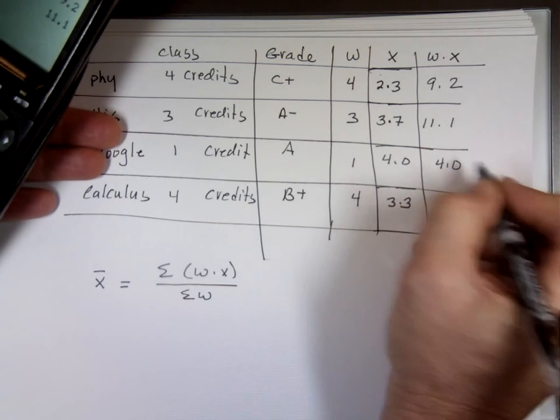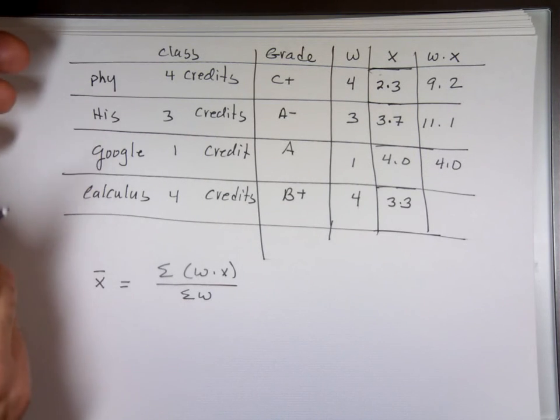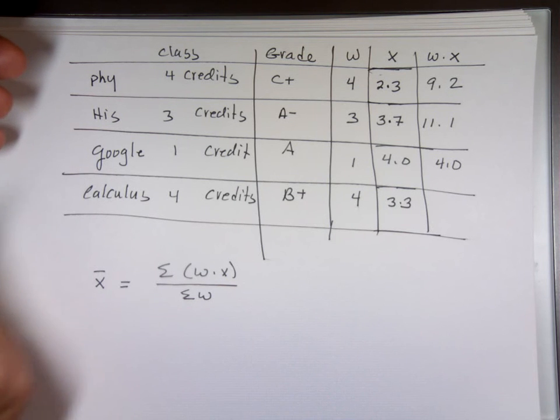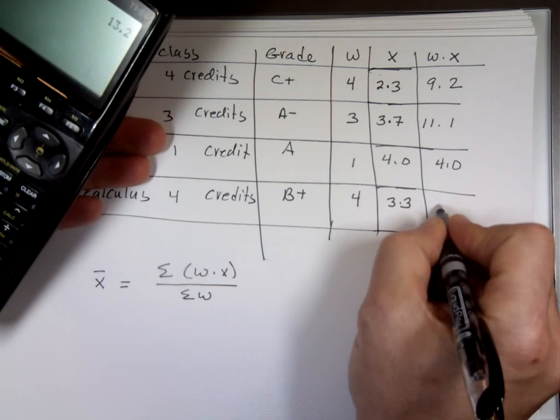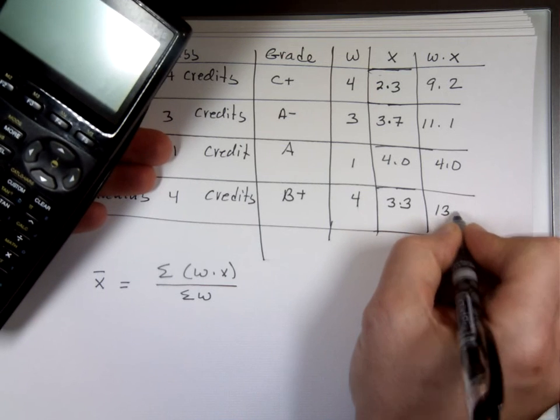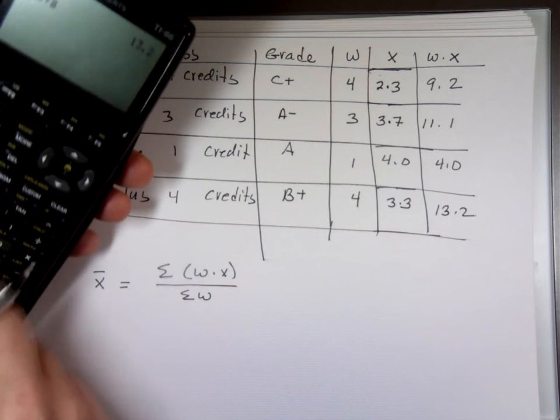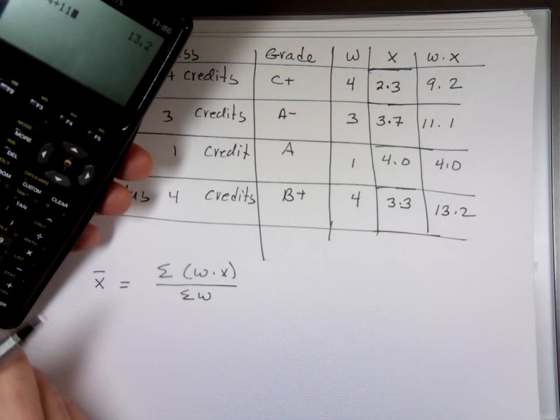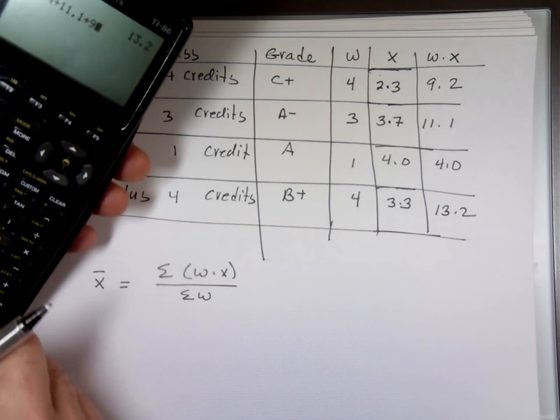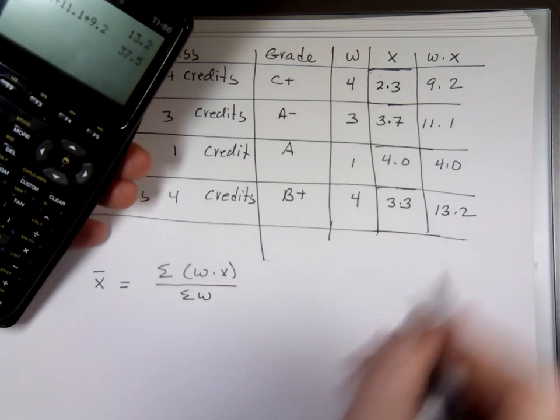And 4 times 3.3, 13.2, right? When you add them all, you have 37.5.